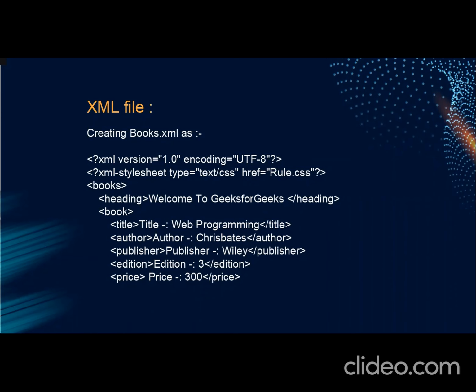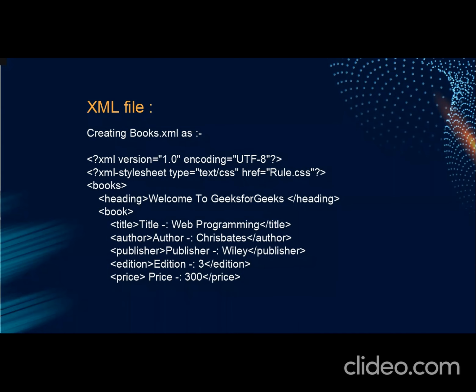Here, see, there is a heading, Welcome to Geeks for Geeks. We have to open the tag, and after the completion we have to close the tag also. So we are closing slash heading. Now we are giving a title, that is Web Programming, and closing the title tag.